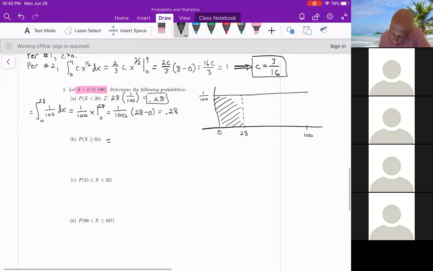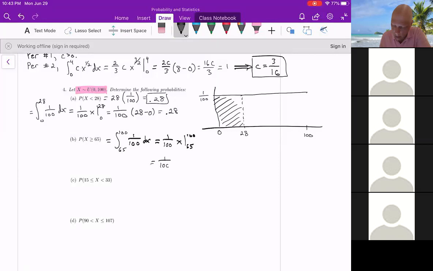This is the integral from 65 to 100 of 1 over 100 dx, which is 1 over 100 x evaluated from 65 to 100, which is 1 over 100 times 100 minus 65.